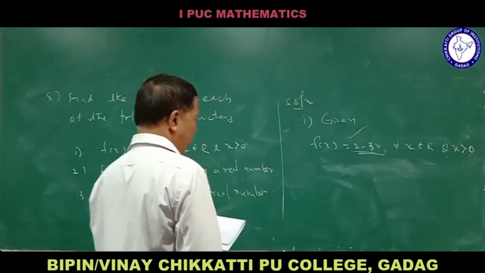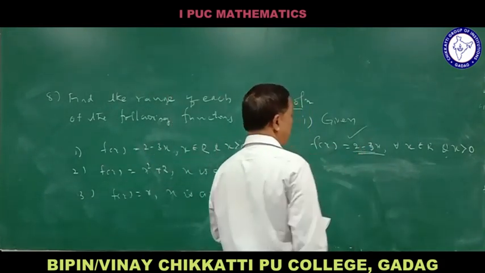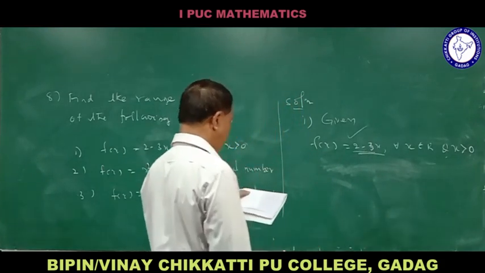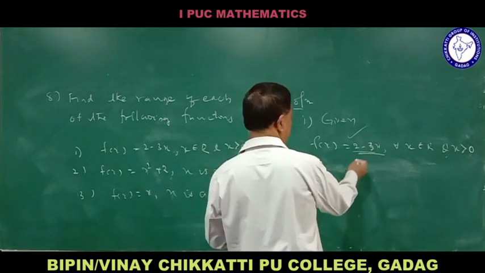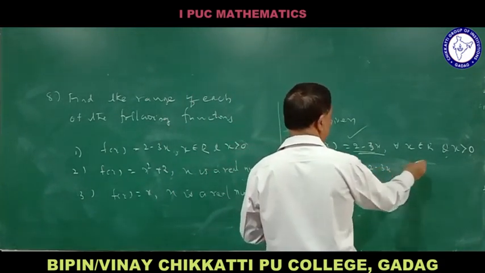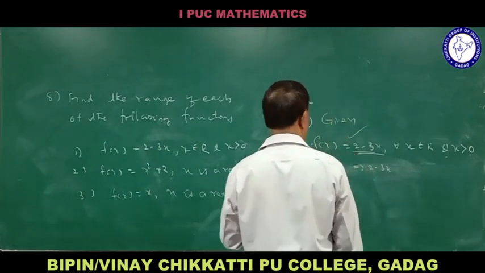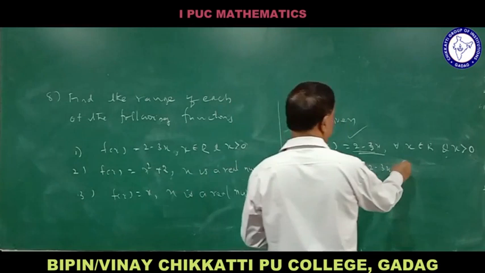So when x is equal to 0, you will get 2, and all the others are negative. We will find this. You see that 2 minus 3x, x is greater than 0, and you have to see this is less than 2.